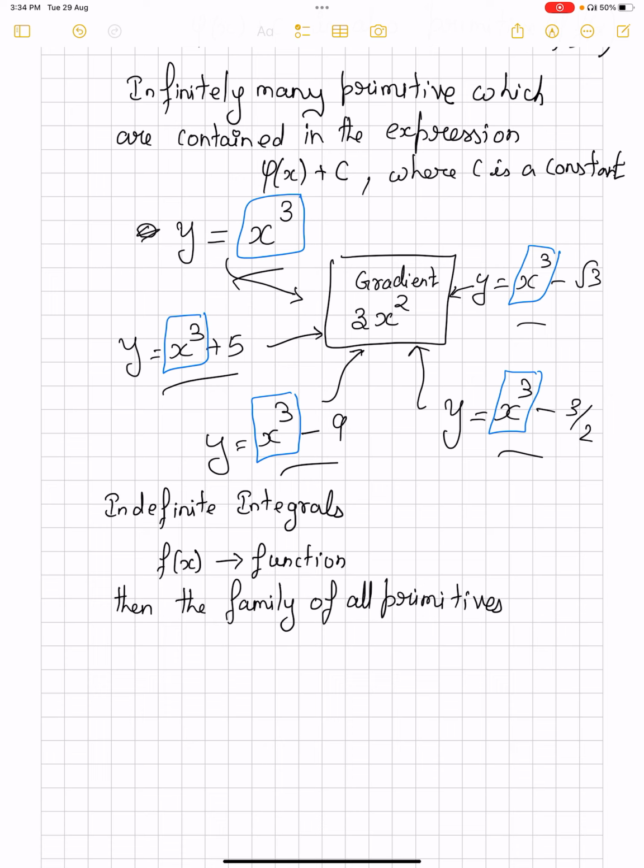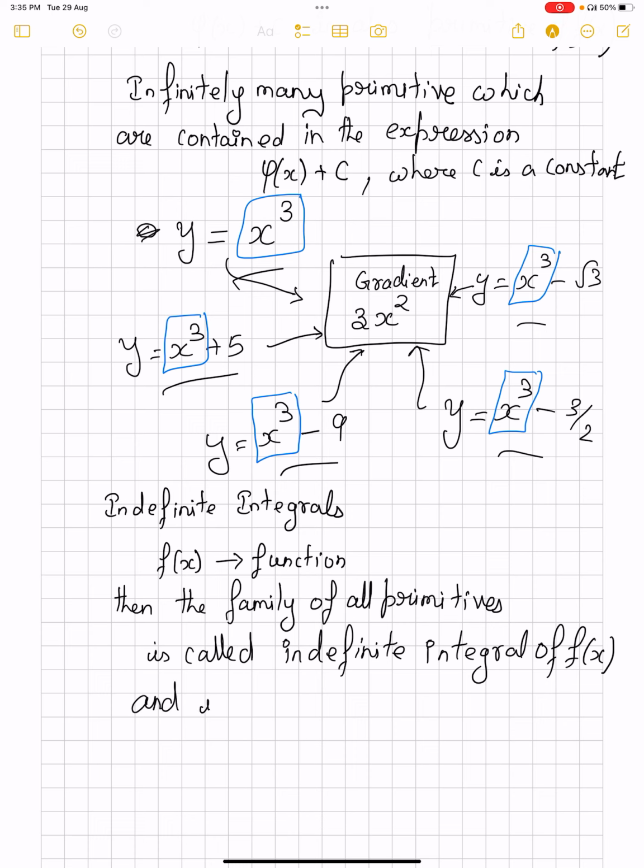So the family of all primitives is called the indefinite integral of f of x, and it is denoted by integral f of x dx.